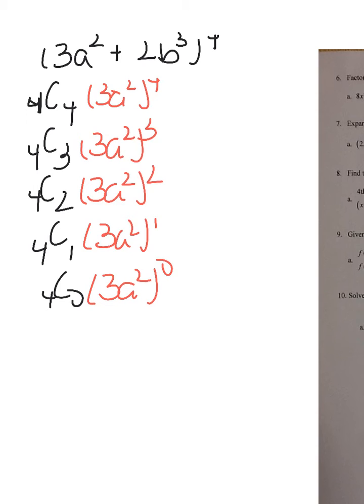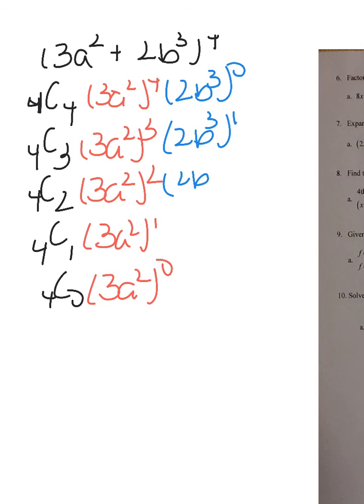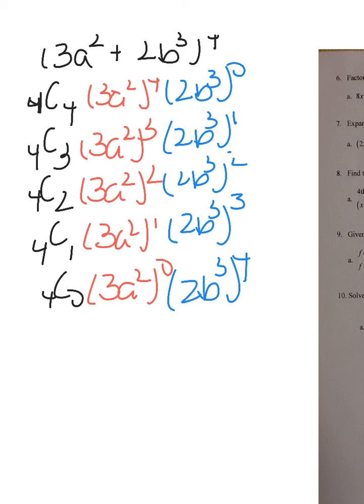And then it's going to be 2b to the third to the 0, 2b to the third to the first, 2b to the third squared, 2b to the third to the third, 2b to the third to the fourth.